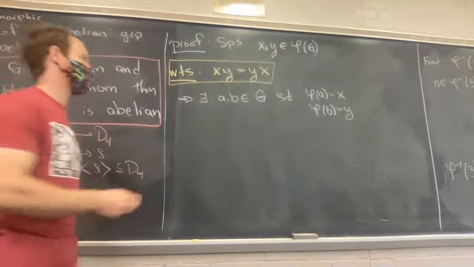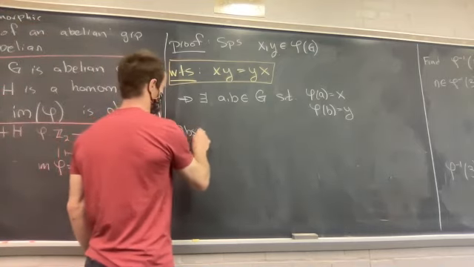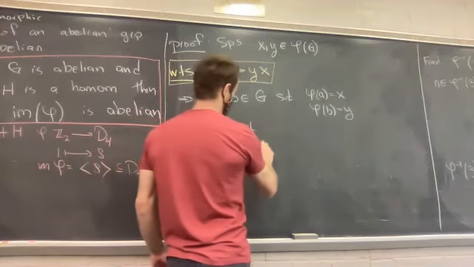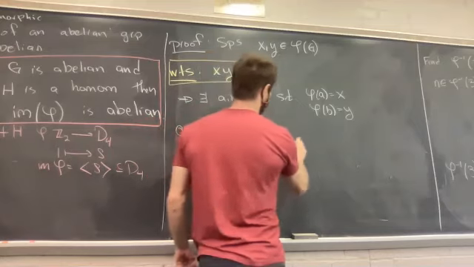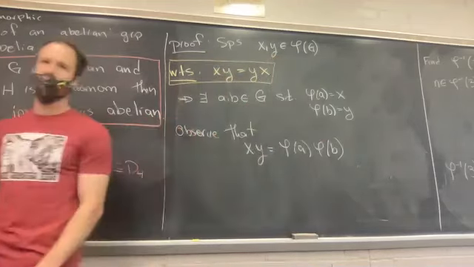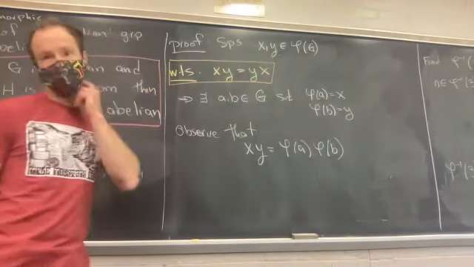Now we're ready to do the calculation. So now maybe we'll observe that XY can now be rewritten as phi of A times phi of B, right? By this up here being in the image.